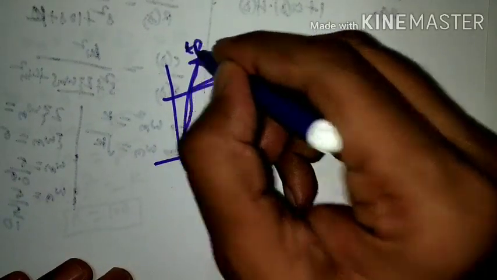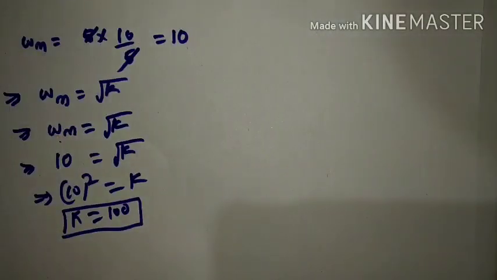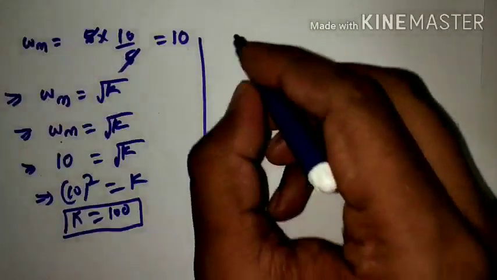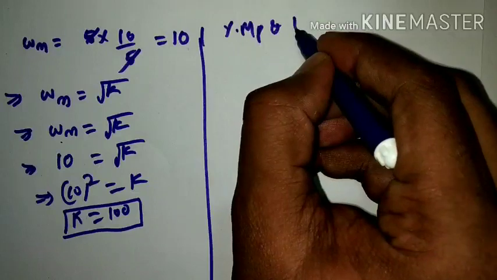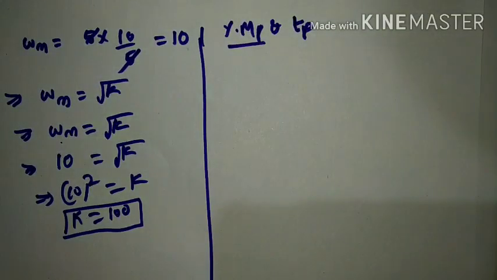So Tp you have to find. Okay, so how are we going to find it? What is the equation for percentage of peak overshoot? Here we have to find percentage of peak overshoot and peak time. So first I'm going to find percentage of peak overshoot.